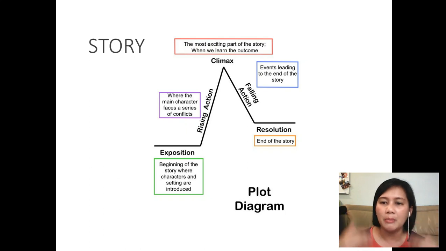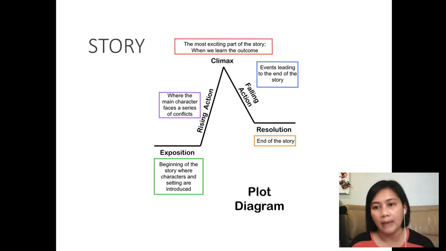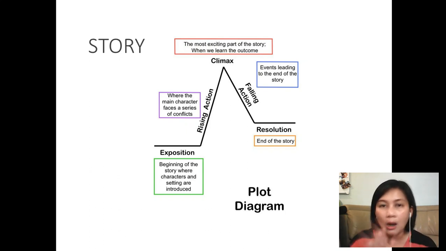Okay, awak perlu memberi sedikit gambaran supaya pembaca awak boleh berimajinasi bila dia membaca. And then you go to the rising action where the main character faces a series of conflict. Like I said, when you watch a movie, of course you want to watch a movie with rising actions, because you want to know what happened to the character along the story.